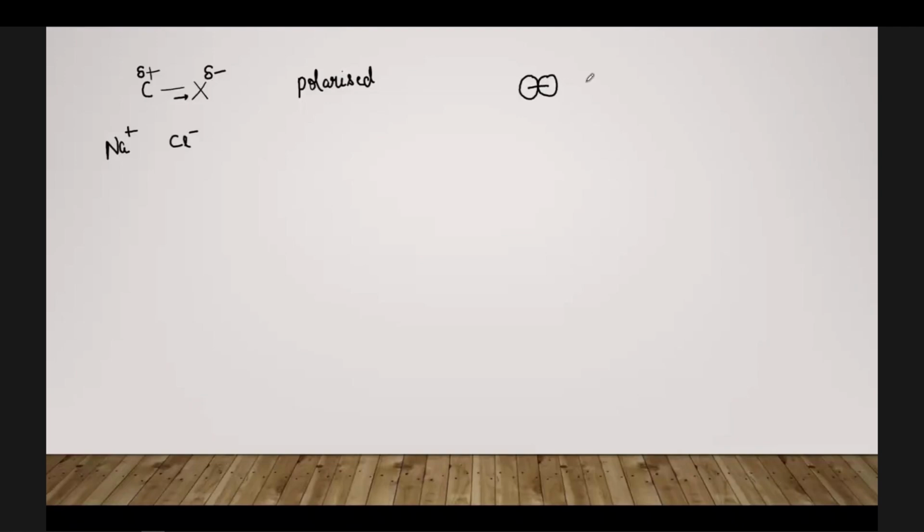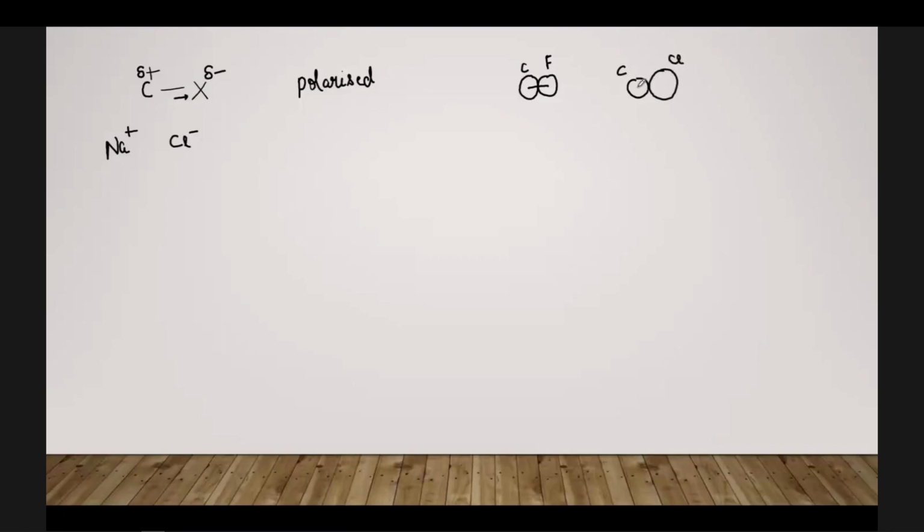Now suppose this is carbon and this is halogen, let's suppose this is the smallest halogen, which is fluorine. The carbon will remain the same, but if we talk about chlorine, that is bigger than this fluorine, right? So suppose this is carbon, this is chlorine.